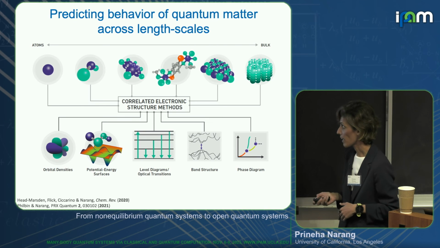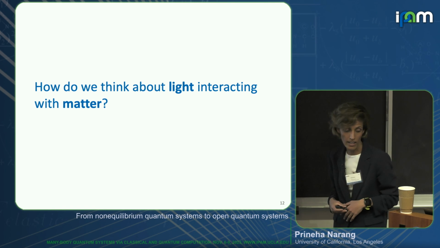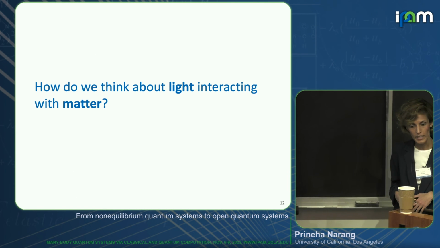And one context for that is with light matter interactions, particularly thinking about a slightly different regime than the one I just introduced, where we have correlated light matter interactions, where we treat the QED and the electronic structure theory at the same level of quantization.